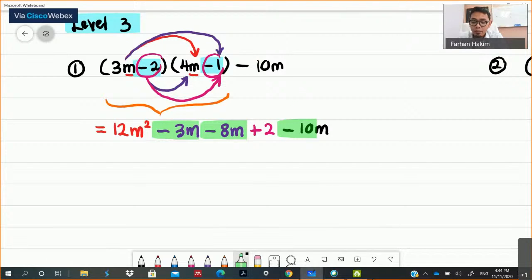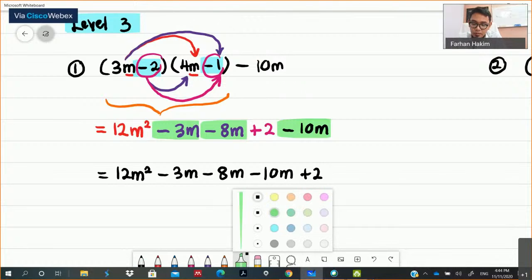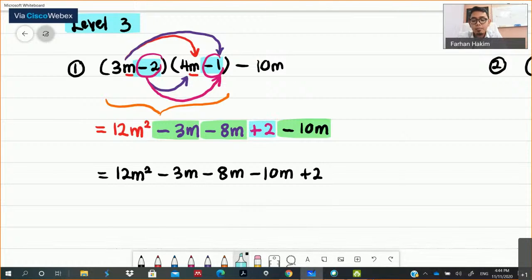Of course, negative 10m itu like terms. So we can rearrange this. All right. So I'm going to put this 12m square minus 3m minus 8m, and then I'm going to put that negative 10m di hadapan. That plus 2 saya letak di belakang. Okay, that plus 2 I'm going to bring at the back there.